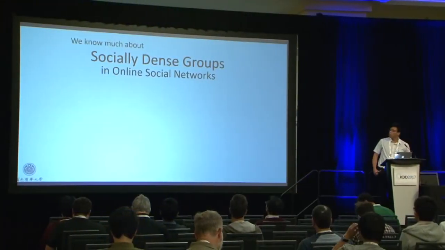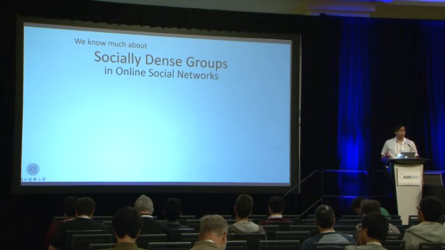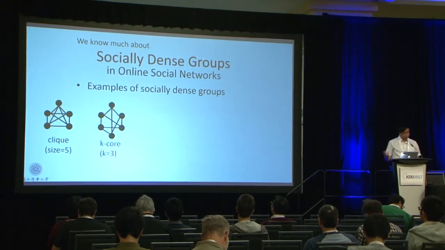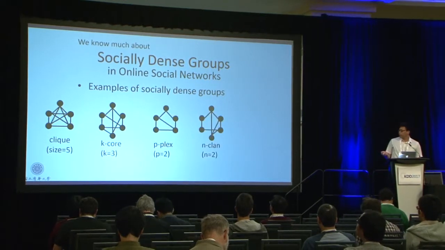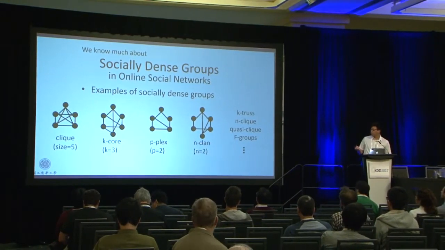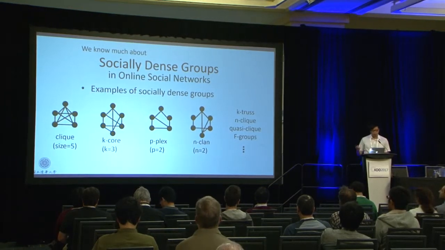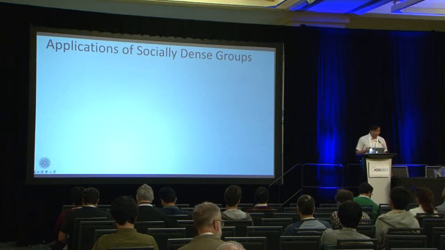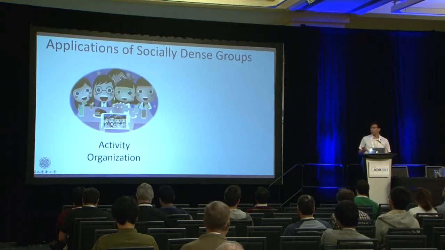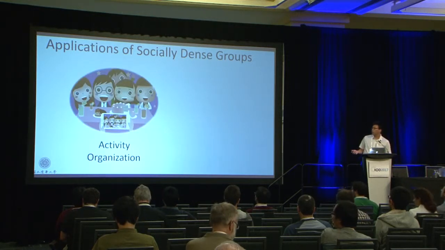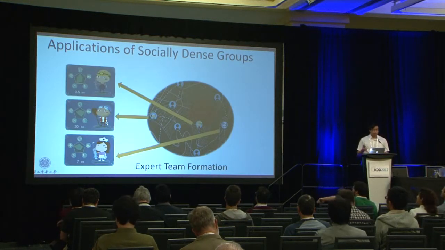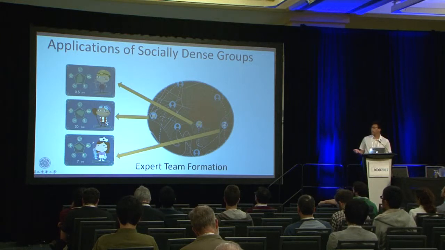So, we all know much about socially dense groups in online social networks. For example, cliques, K-cores, plexes, clans, K-truss, N-cliques, quasi-cliques, and F-groups. We know all of them. And indeed, this kind of socially dense group inspires many applications, such as activity organization, socialization event planning, or expert finding problems.